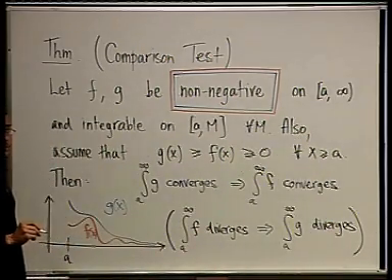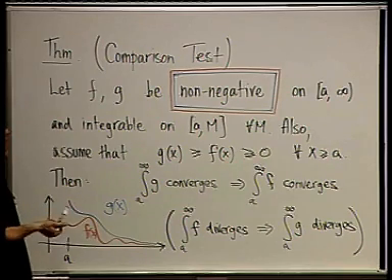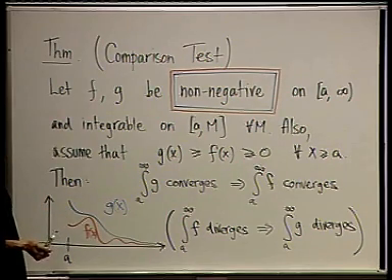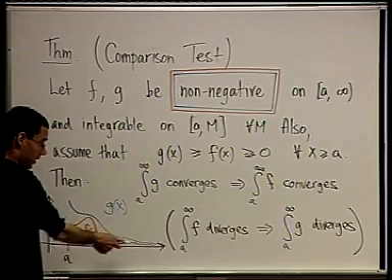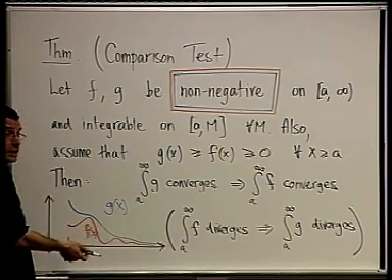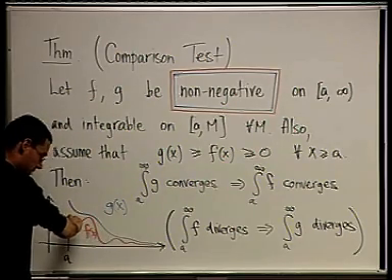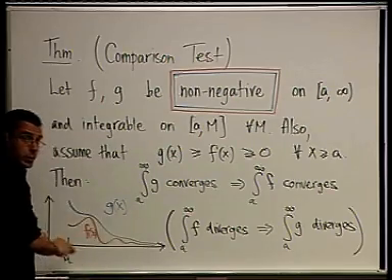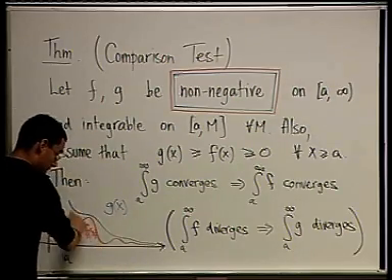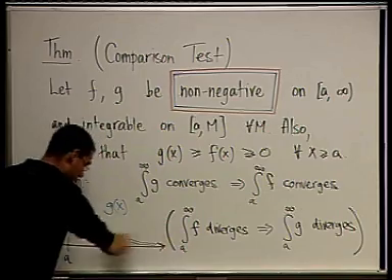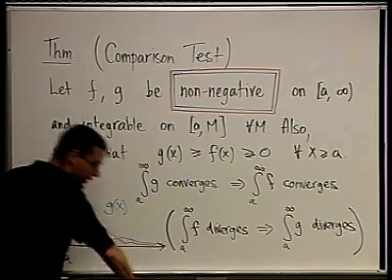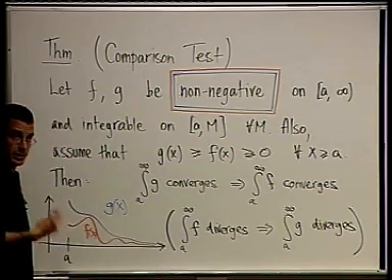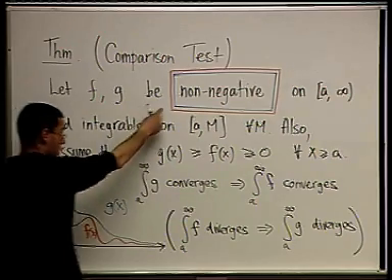Clear? Do you see why it's crucial that the functions are not negative? If you allow, for example, f to take negative values, f can just be something going all the way down here. And although the area under g can be finite, the area under f can be minus infinity. So that's why this is crucial.